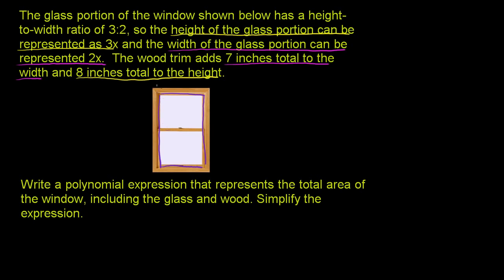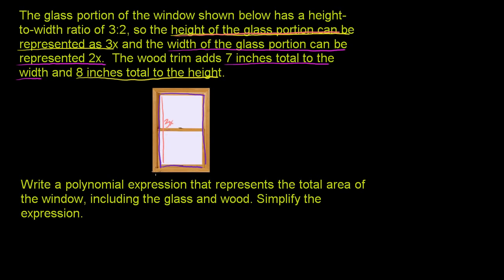So the height of the glass portion can be represented as 3x. So this height right here of just the glass portion is 3x. Let me do it in a better color. This portion right here is 3x, just this distance. That is the height of the glass portion. And then they tell us that the wood trim adds 8 inches to the total height.